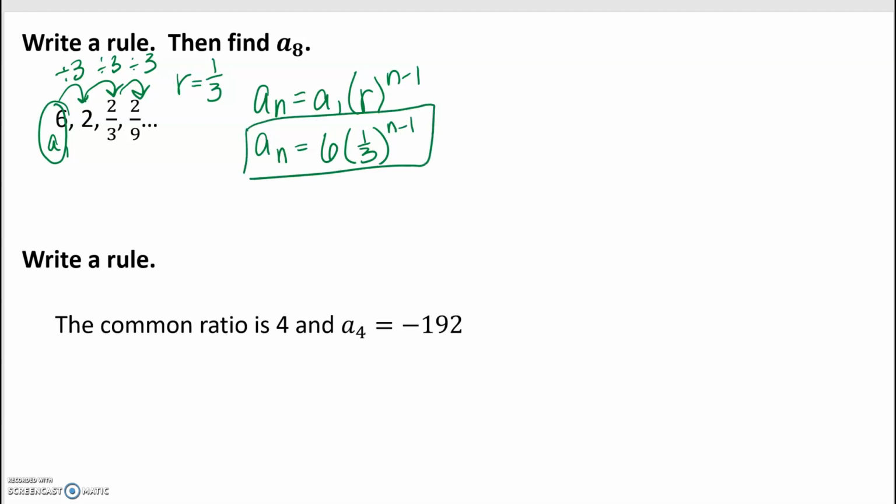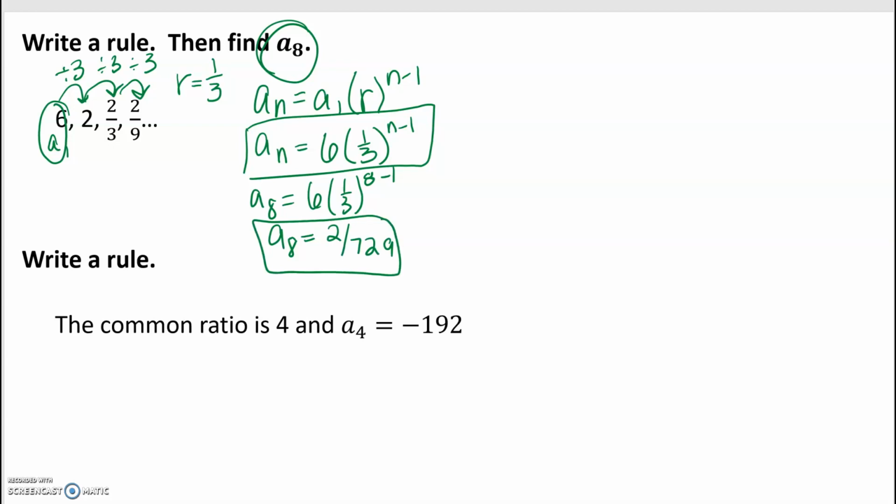There's my equation. And then what I have to do now is still find the 8th term. So I need an 8 in for n. Then I simplify, plug all of that into my calculator, and I end up with 2 over 729.